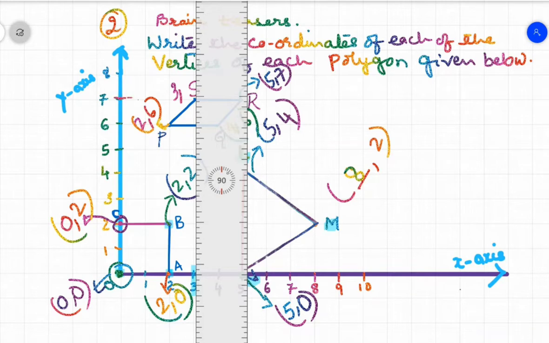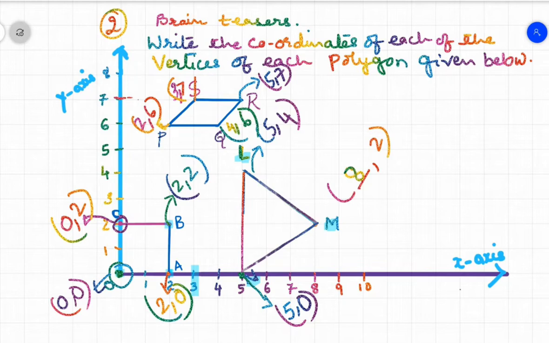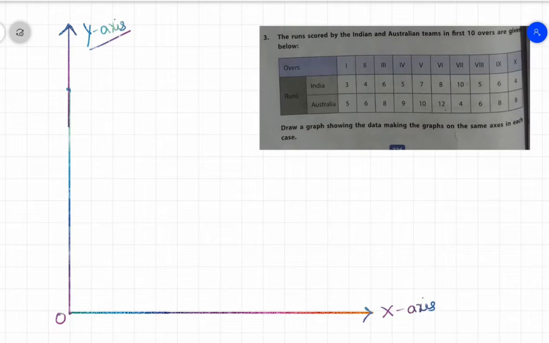So 3, 7 is the coordinates of S. I am writing it properly: 3 comma 7. So this way you have to find out the coordinates of each of the vertices of the polygon given. Now let us see question number 3.